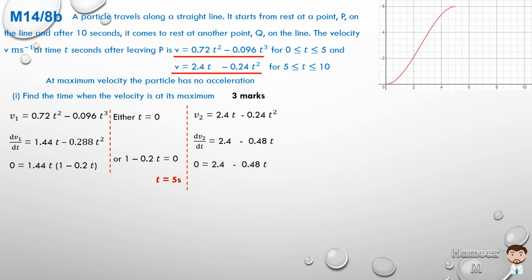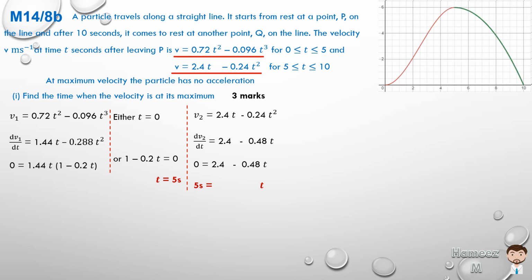And if we solve for that as well, that will also give us time equal to 5 seconds. So in both cases, v1 and v2, the maximum is when time is equal to 5 seconds. And if we bring up a second graph to show what that quadratic equation looks like, we can see it also hits the maximum when t is equal to 5 seconds.